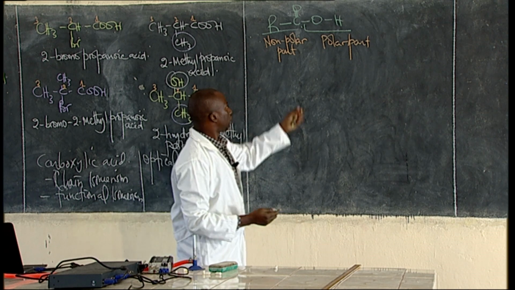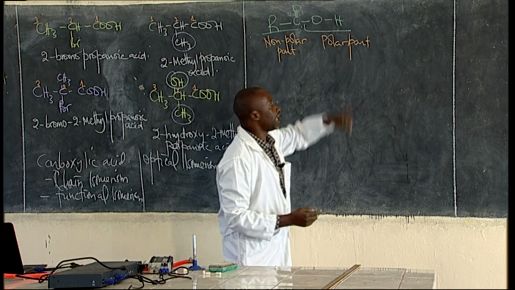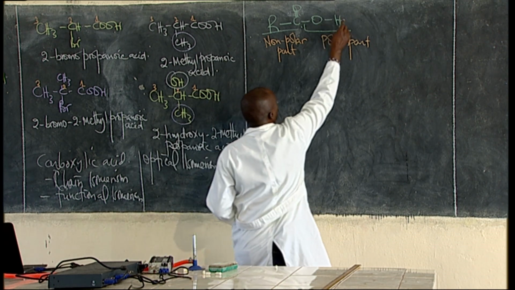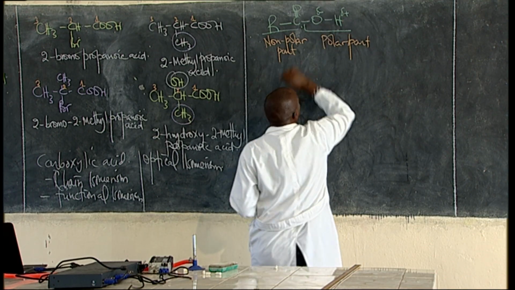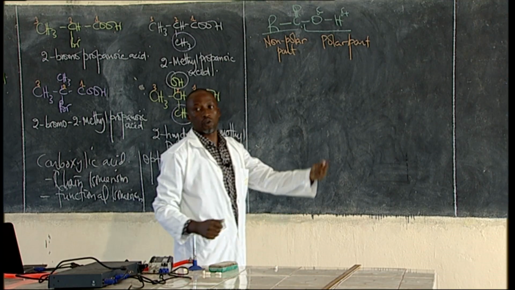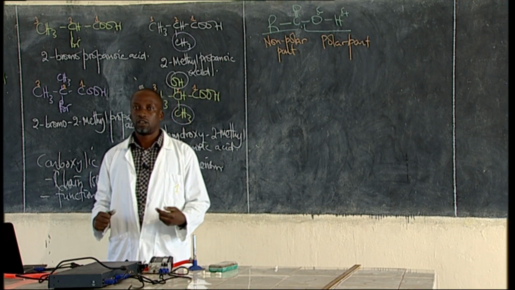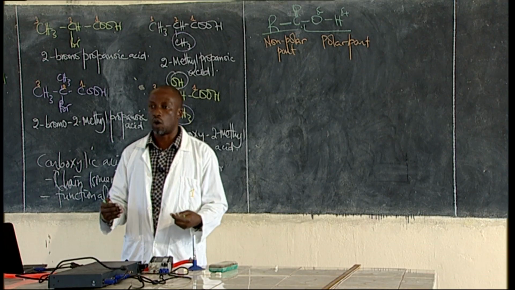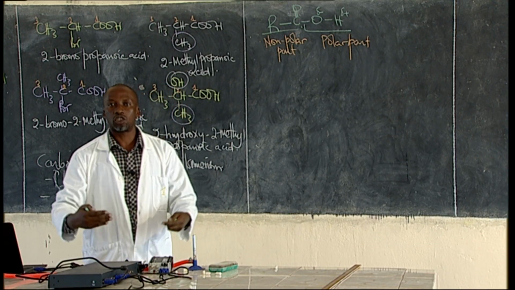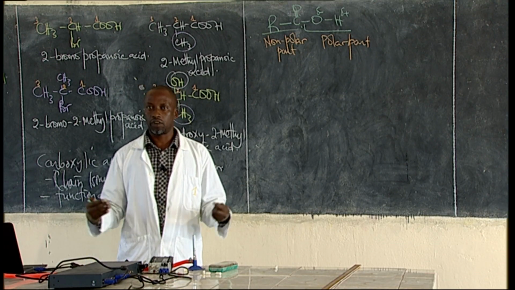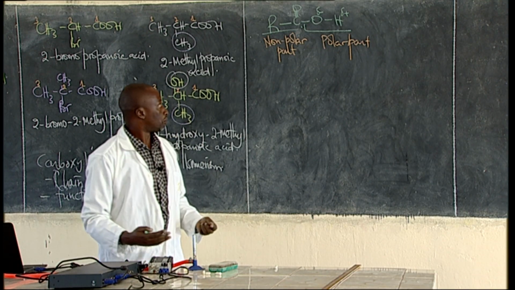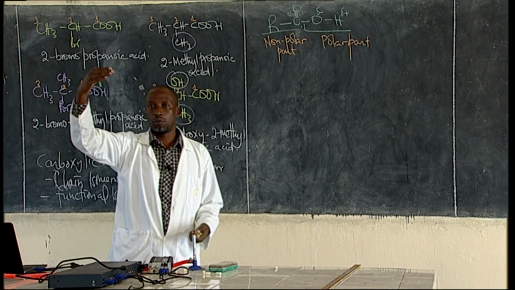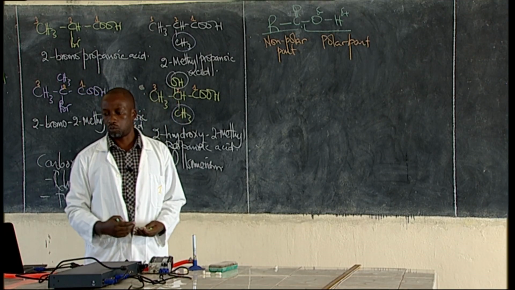Because of the polar part, this hydrogen and this more electronegative oxygen can form hydrogen bonds. Different molecules can associate together through hydrogen bonds, and that will increase the boiling point and the melting point.